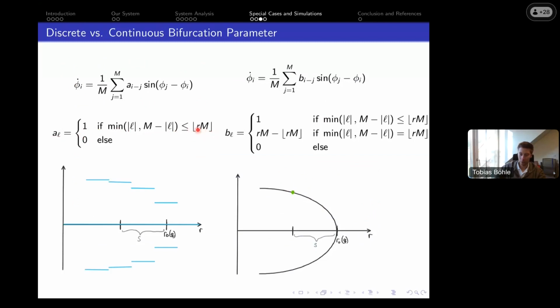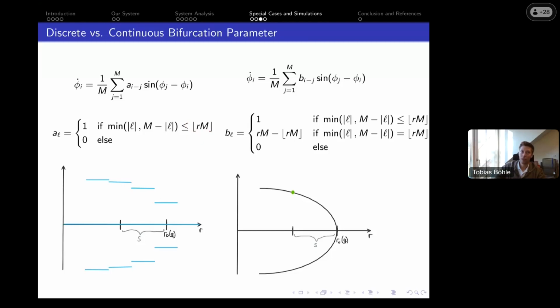So you multiply the coupling range R with m, then you consider the biggest integer that is below that, and you have this as your coupling range for the finite nearest neighbor graphs. But the problem with that is that it involves rounding. So you cannot see R as a continuous bifurcation parameter.